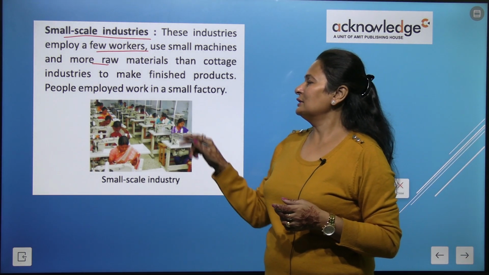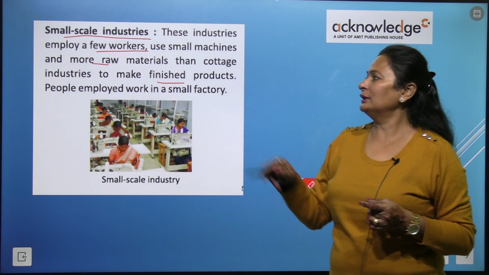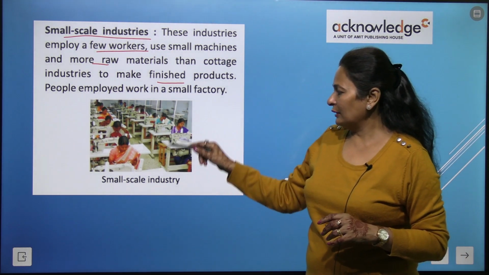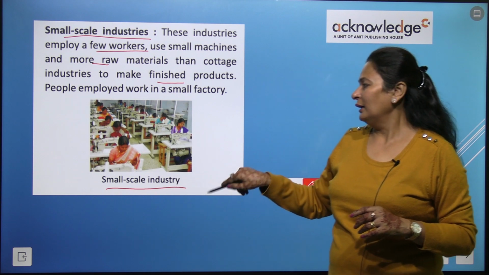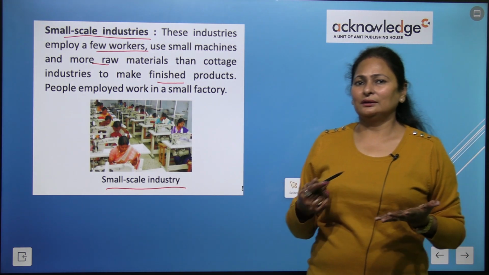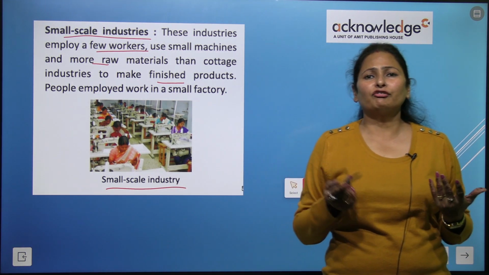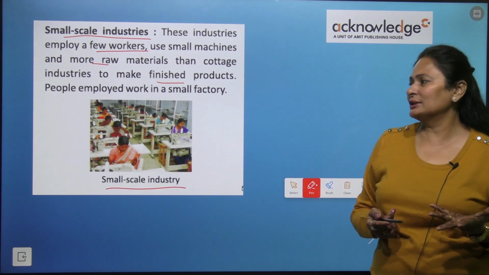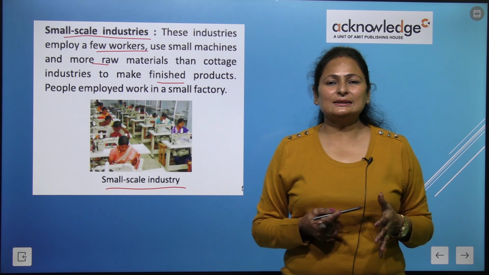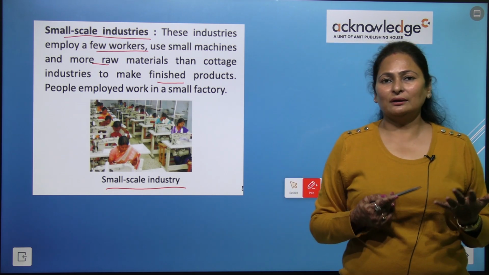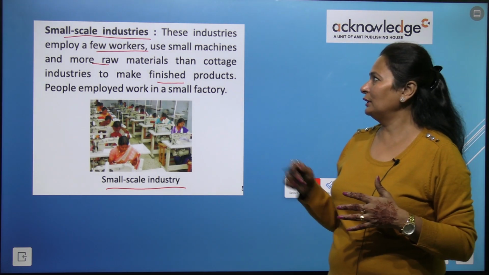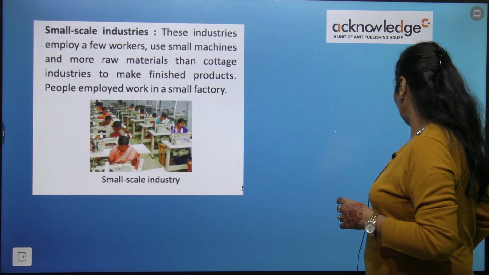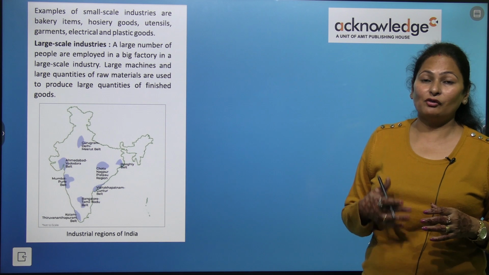To make finished products, the people employed work in a small factory. Here you can see about 30, 40 or 50 people working in this industry. This is called the small scale industry. Some machines are there to make the final product, right? And few people are working here and few machines are needed for this.